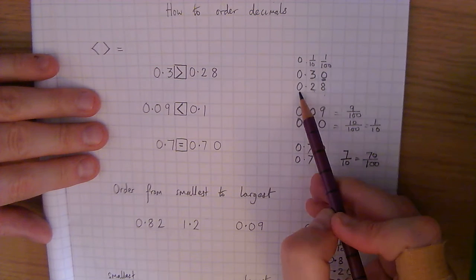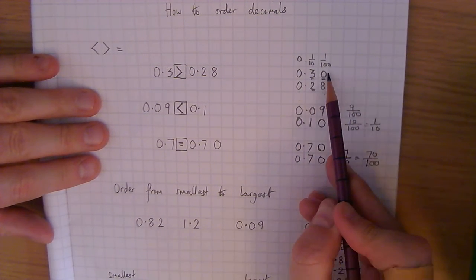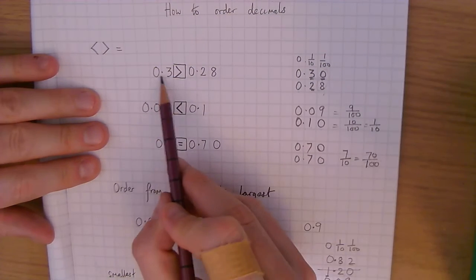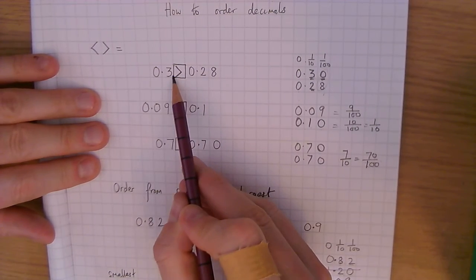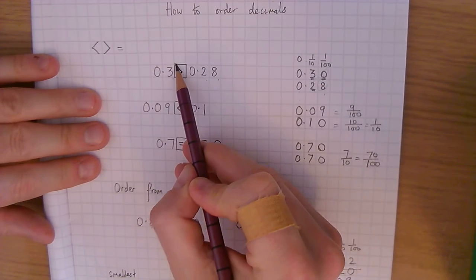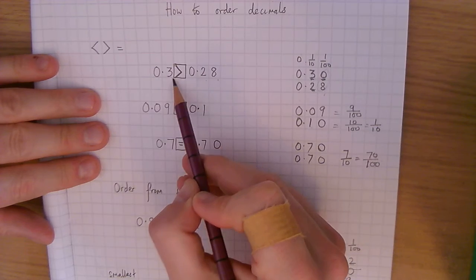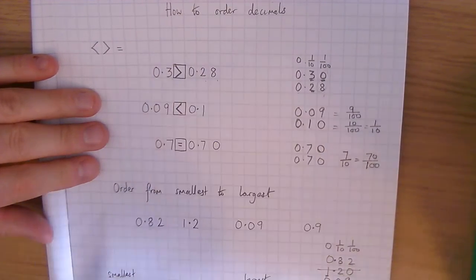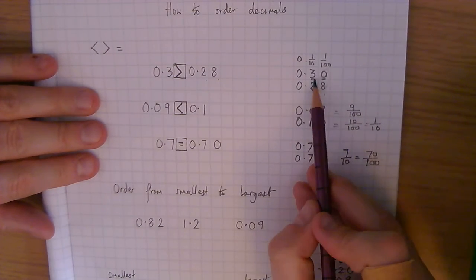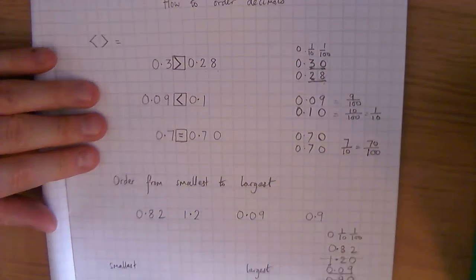This is a draw. We go to the next column. 3/10 beats 2/10. It doesn't matter what's written here, so 0.3 must be greater than 0.28, remembering that the wide end of the arrow, the inequality sign, points towards the bigger number. And remembering that 30 hundredths is greater than 28 hundredths.